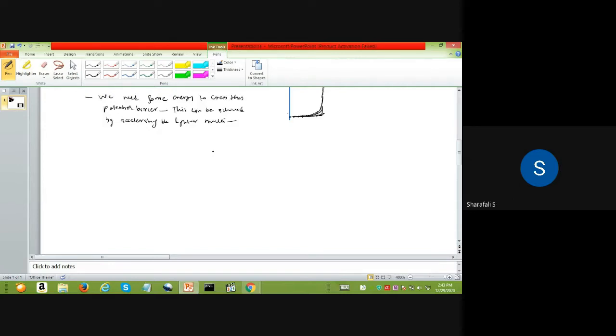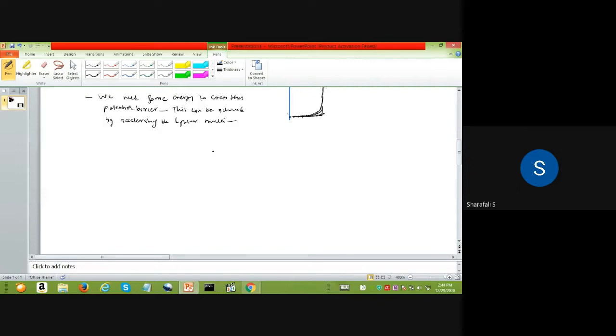Suddenly, if they are coming close enough, then this nuclear fusion can be possible if those nuclei have energy which can cross this potential barrier.